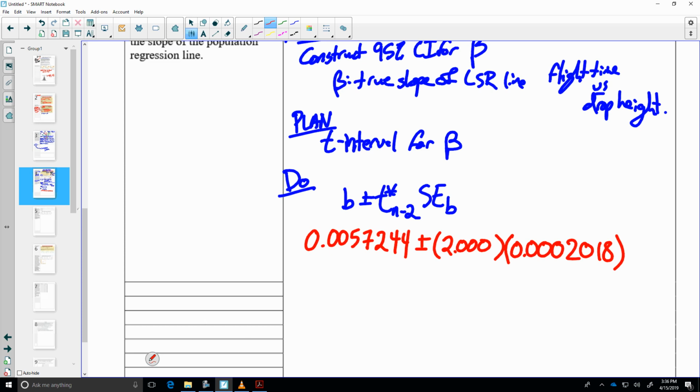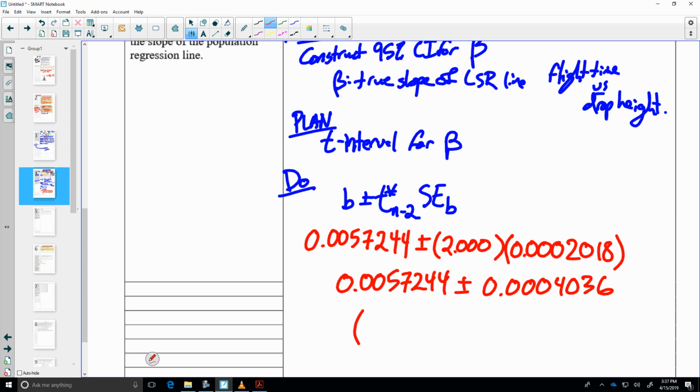So our interval then is 0.0057244. Normally I couldn't do that in my head. I can double that number though, plus or minus 0.0004036. And then adding and subtracting that 4036, we're going to get, do I want to try this one in my head?